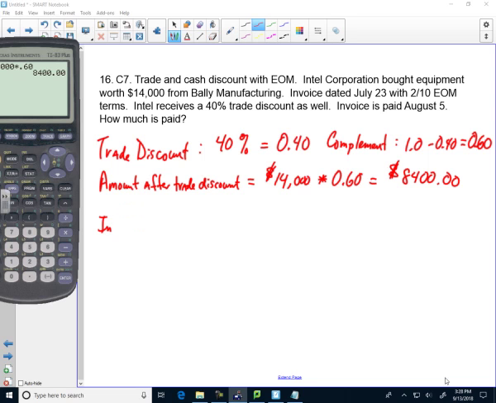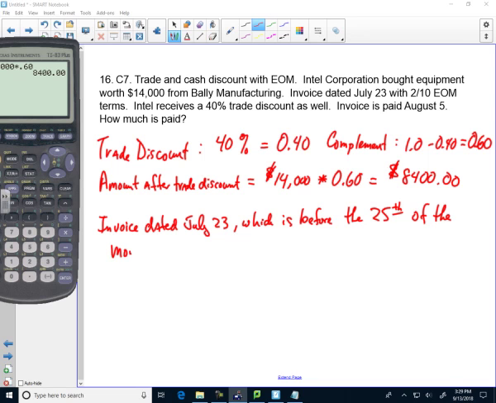How about invoice dated July 23rd, which is before the 25th of the month. Oh, a period there or what? I don't know. Period, I guess.